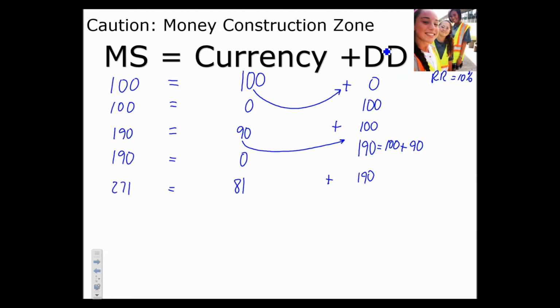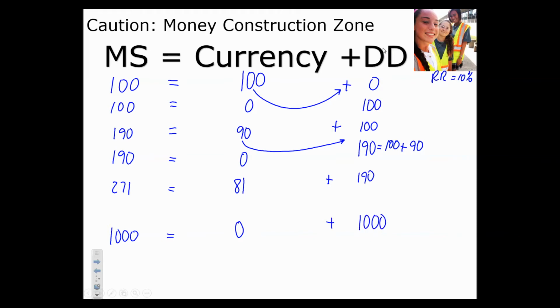Eventually, over time, all of the actual currency that exists in the banking system is going to be tied up in required reserves. But the rest of the created money will be demand deposits. And so eventually, the money supply is going to end up growing to be as large as 1,000. And that 1,000 is basically going to be all of the demand deposits. So that's how the money creation process works.